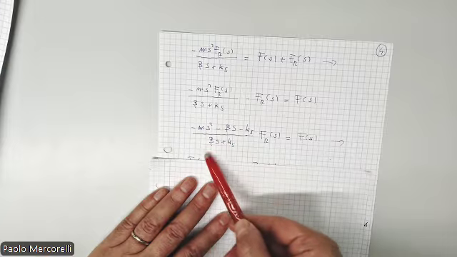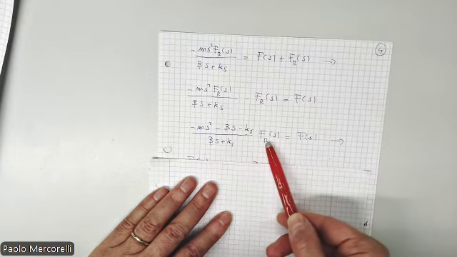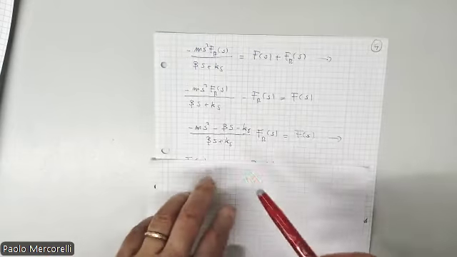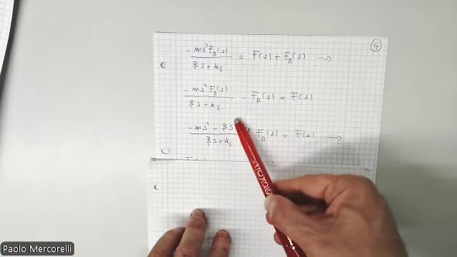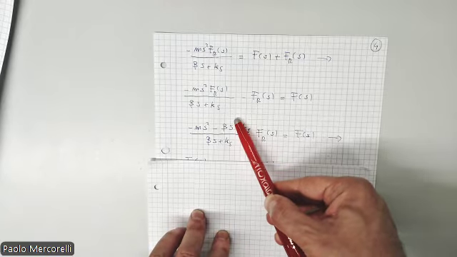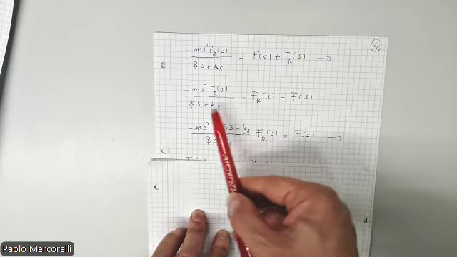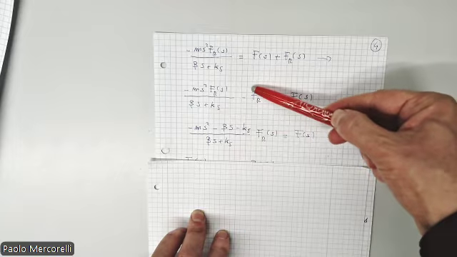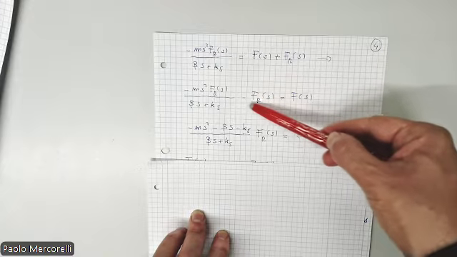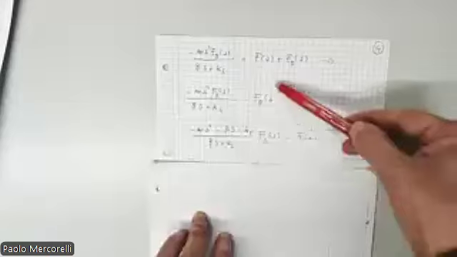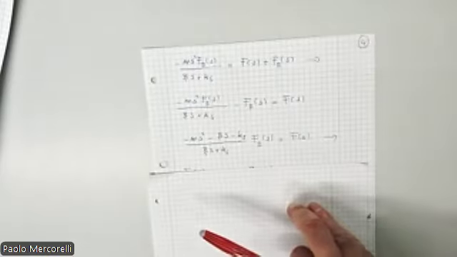Because I have this multiplied by Fr minus Fr. From here to here, I don't know if it's clear what I did. I put in a common denominator. This means I multiply this element here by beta s plus ks, and I divide it by beta s plus ks. And then I put in evidence. That was clear?